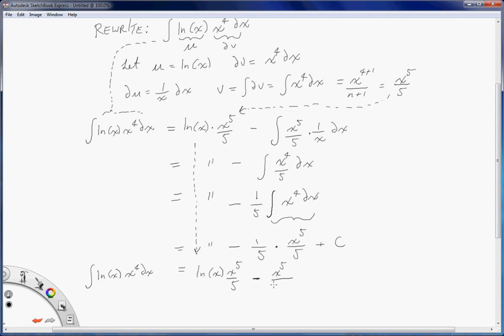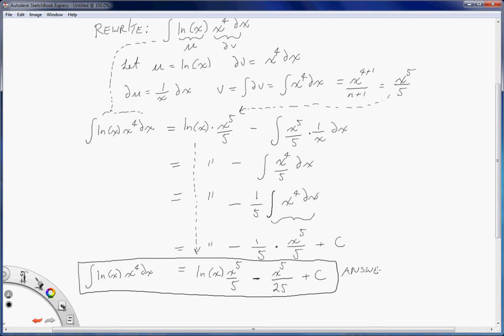I multiply that, that's 25, plus c. So that is my entire solution to the problem. That is the answer.